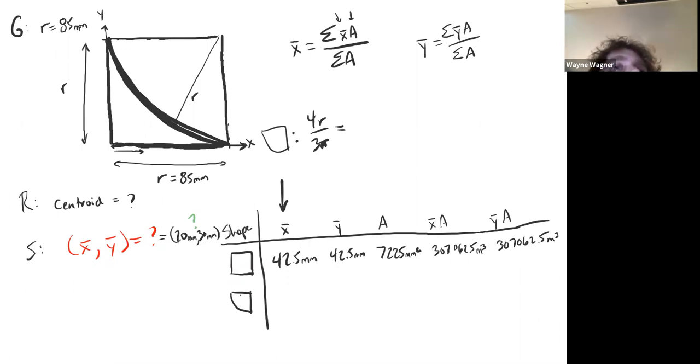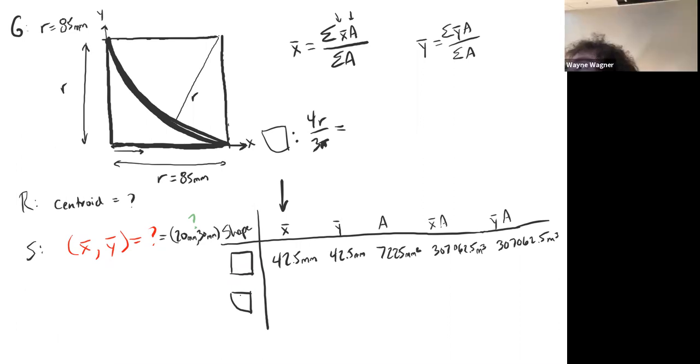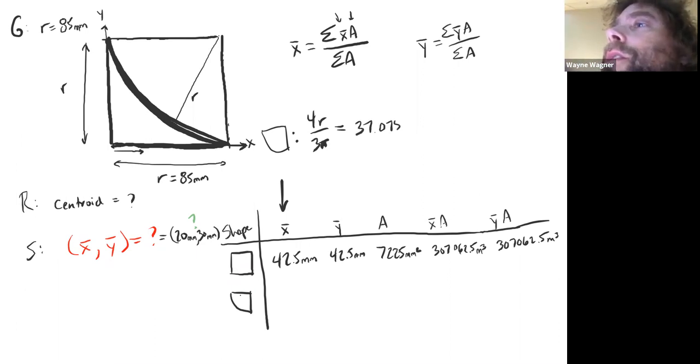Okay, and so tell me what to put in my calculator. 4 times 85 divided by 3 pi. Yep. Okay, so 37.075. Okay, and that has units of millimeters.